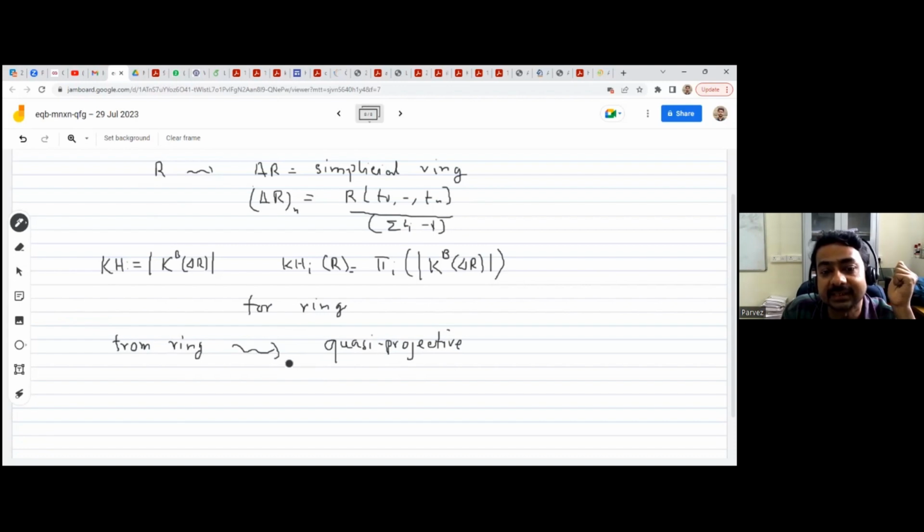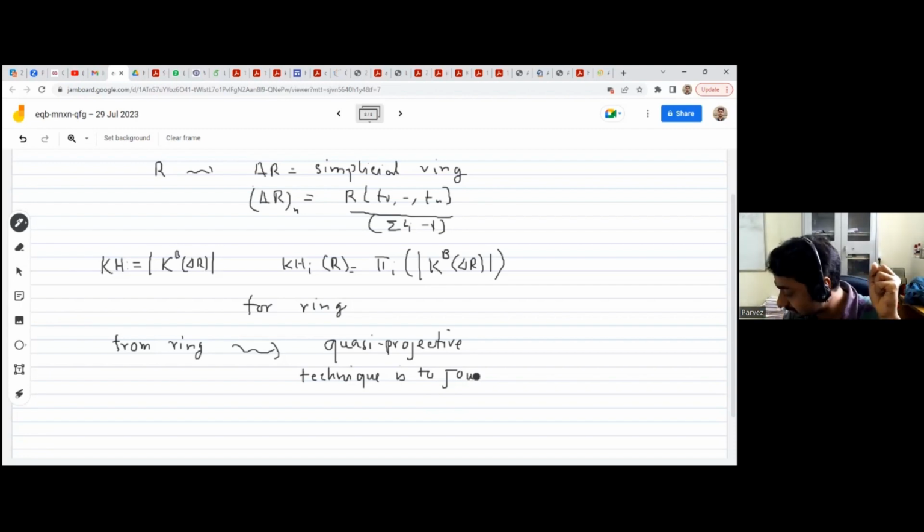Here the main technique and idea is to use something called the Jouanolou device.